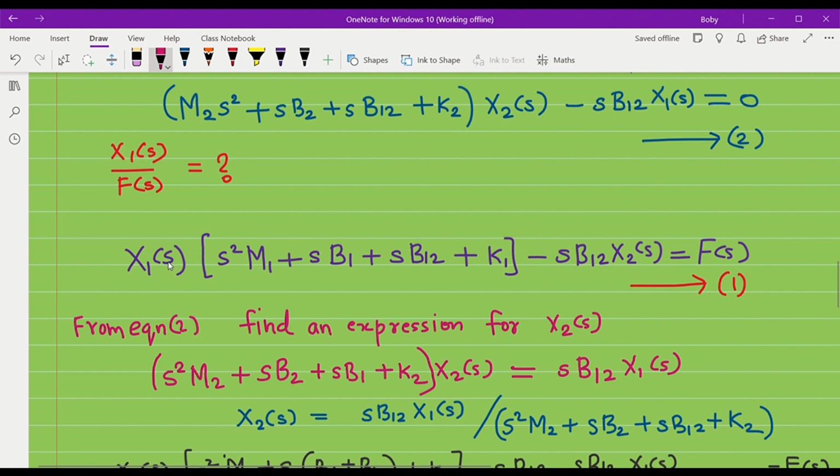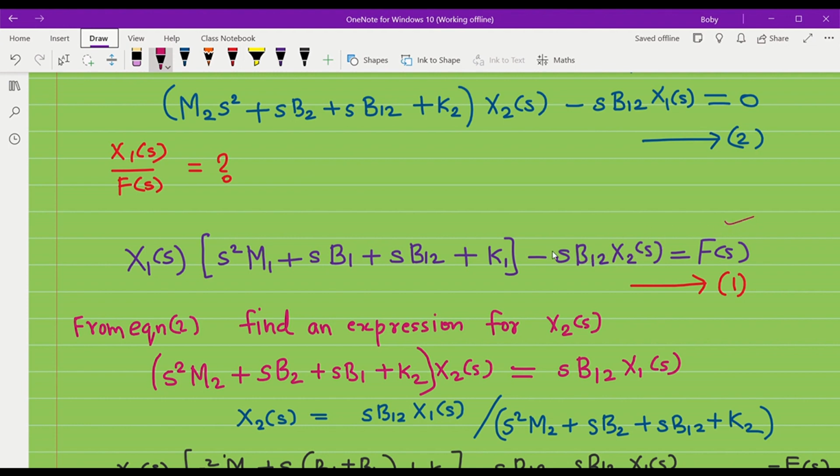So you can see here, so we can take this second equation, first equation. So when we are taking the first equation, നമ്മൾ എടുക്കും x1 of s into s square m1 plus sb1 plus sb12 plus k1 minus sb12 into x2 of s equal to f of s.